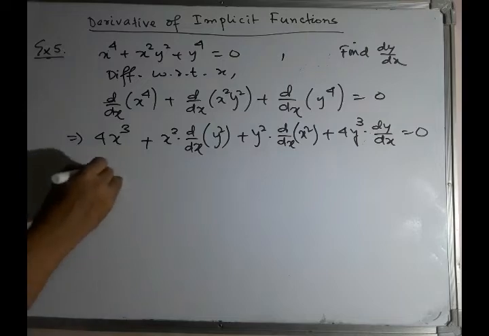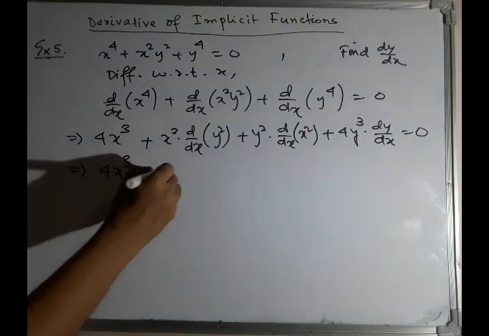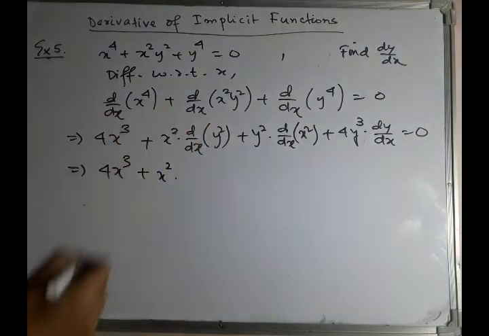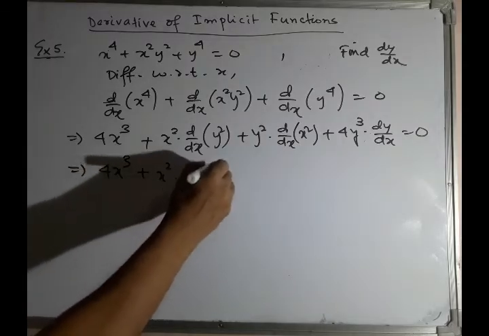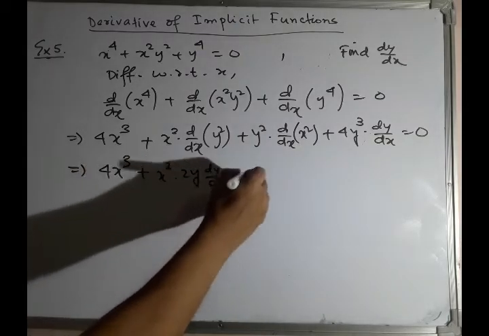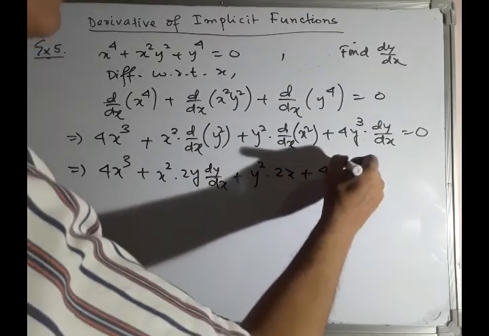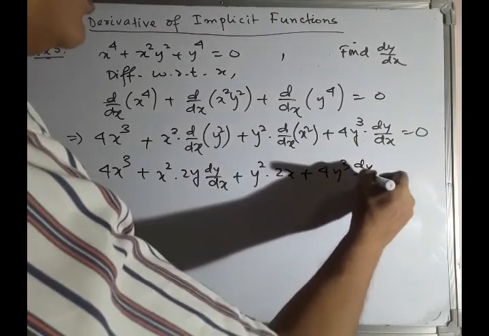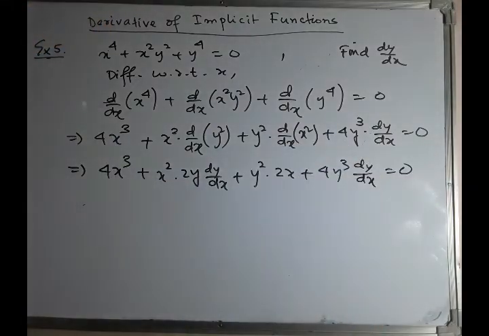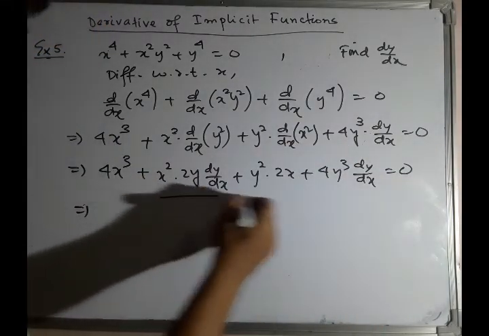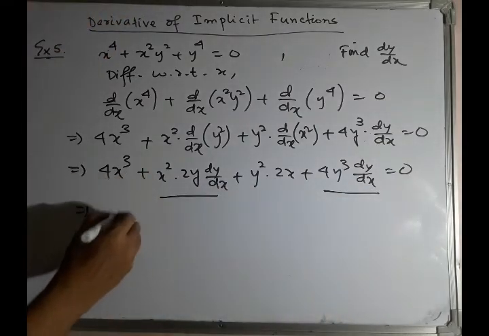So now 4x cube, x square, derivative of y square is 2y dy by dx, y square into 2x, 4y cube into dy by dx equal to 0. So therefore we can simplify this to take out common dy by dx.